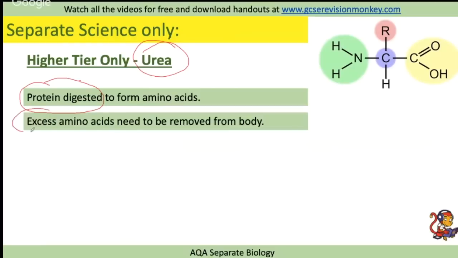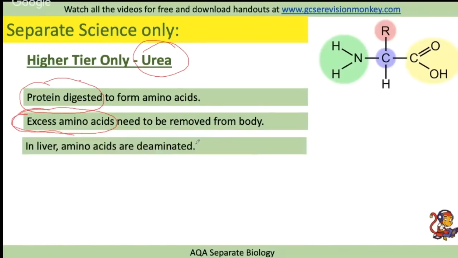And too many amino acids, any ones that are in excess that we're not using for growth in our body, need to be removed. And this process happens in the liver. And we say that the amino acids are deaminated. And you don't need to know in this detail, but the amino acid has an amine group here, which is why it's called deamination. You're basically taking this bit off of the molecule.